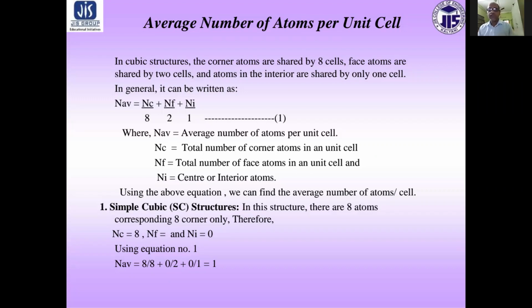The average number of atoms per unit cell, in general, can be written as: average equals NC by 8, that is corner atoms by 8, plus NF by 2, face atoms by 2, plus NI by 1, interior atoms by 1. Here NC is the total number of corner atoms in a unit cell, NF is the total number of face atoms in a unit cell, and NI is the center or interior atoms.